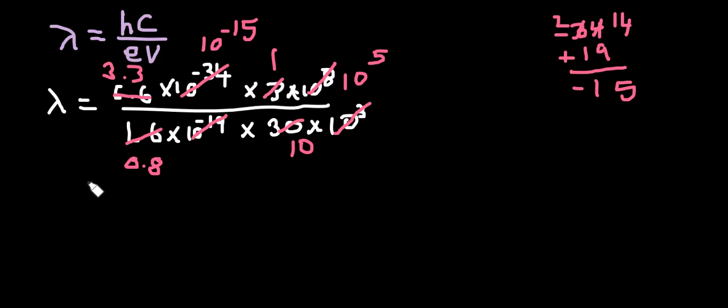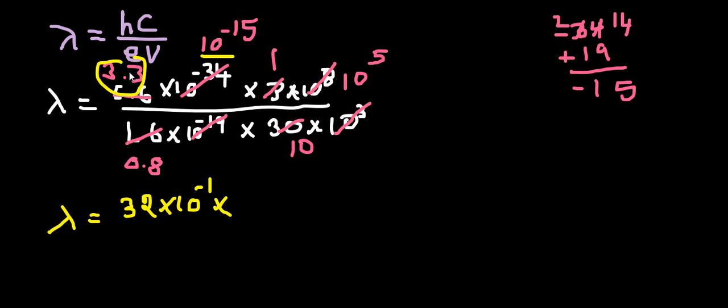Lambda is going to be equal to, now the remaining thing is 3.3, which can be approximately written as 3.2. 3.2 can be written as 32 into 10 power minus 1.